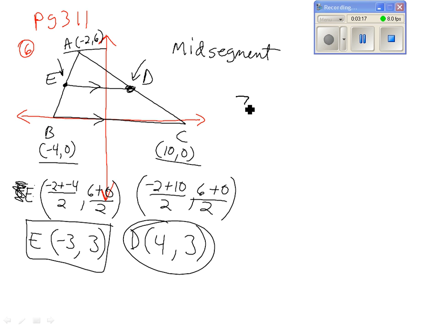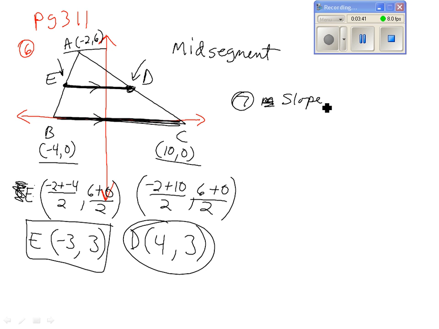Number 7 says verify that DE is parallel to BC. Well, what you do is find the slope of DE and BC. The slope of any horizontal line is 0, so let's write slope.